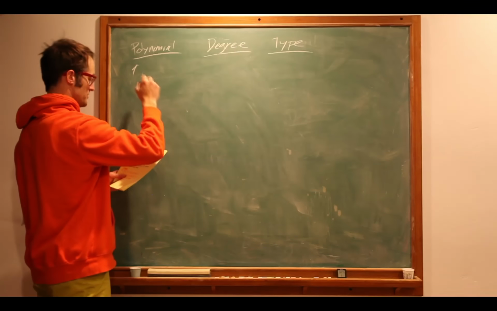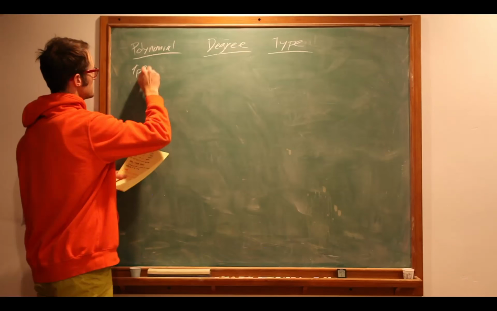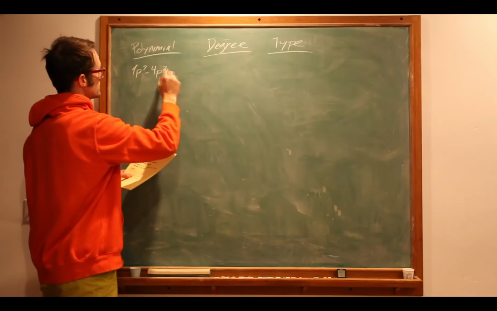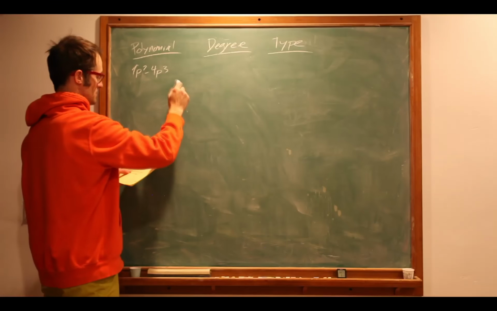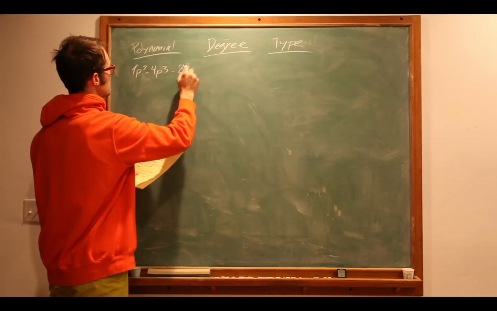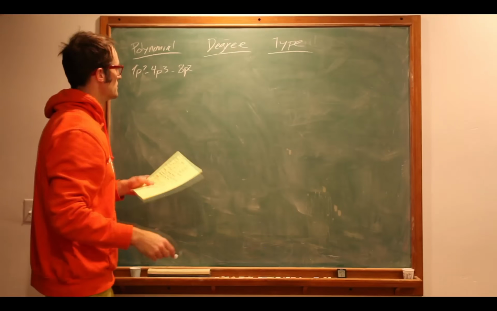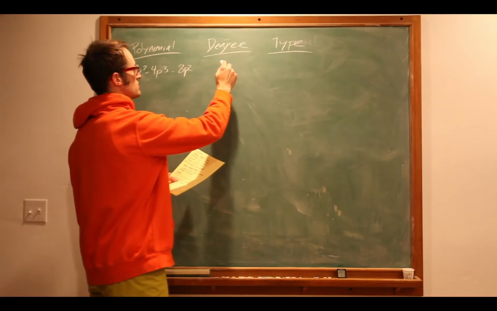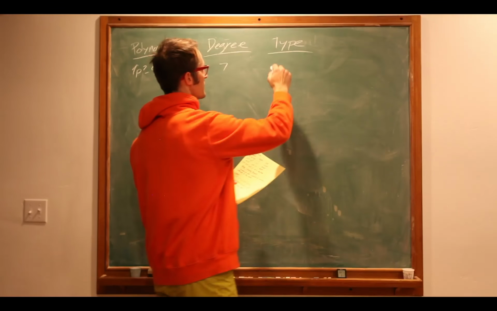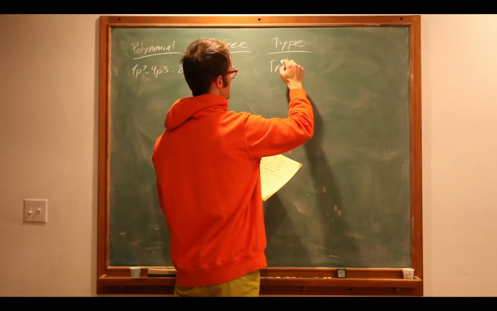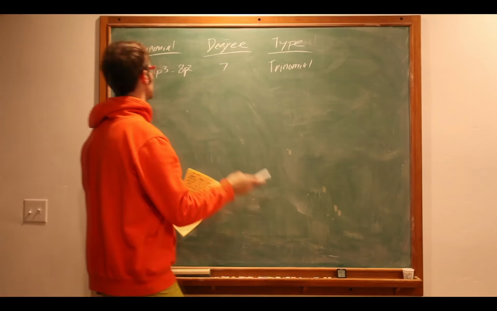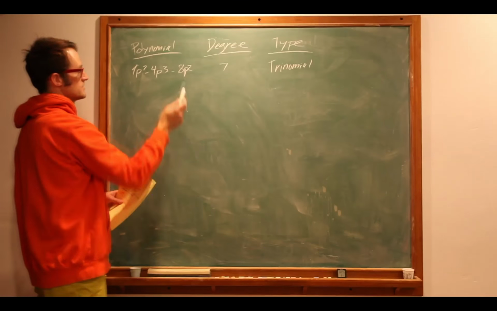So here's the polynomial, 9p to the 7th minus 4p to the 3rd minus 8p squared. So 7 is the highest exponent that p is raised to, so we will say the degree is 7. And then this is named a trinomial, because there's 3 terms.